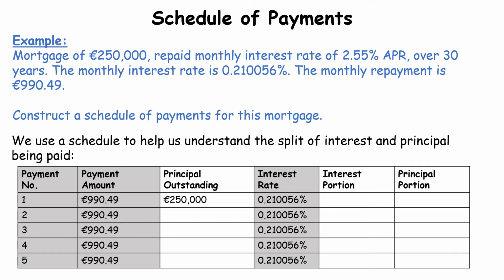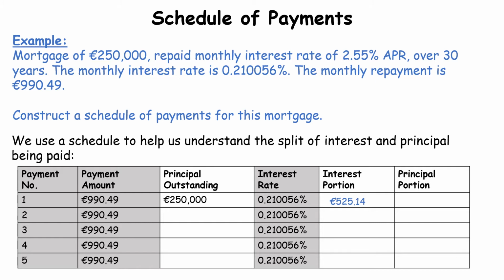So the first thing we're going to see is, how much interest do we actually owe in a month? So we calculate 0.210056% of 250,000, and we end up at €525.14. So that's the interest portion that has to be paid. And then we know that we pay €990.49.